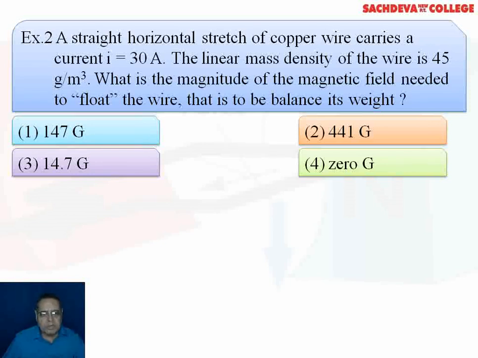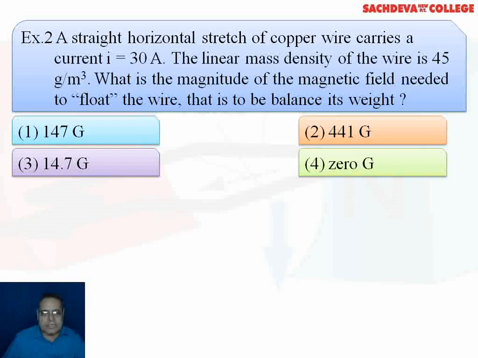What is the magnitude of the magnetic field needed to float the wire, that is, to balance its weight? Four options are given: 147 G, 441 G, where G stands for Gauss, 14.7 G, and 0 G.